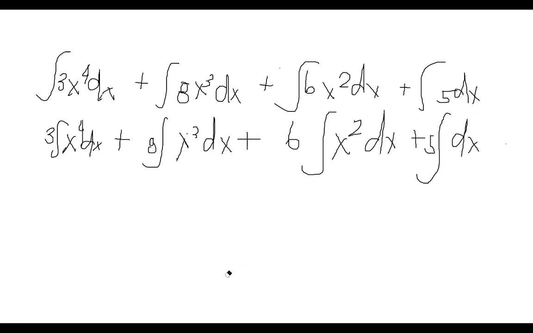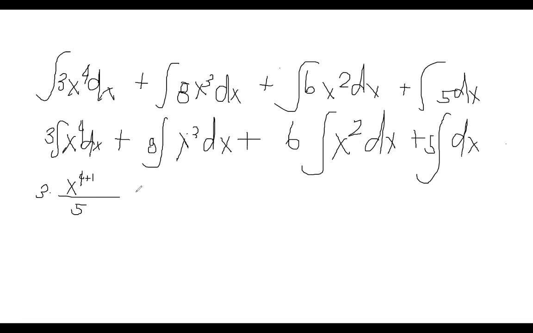So now we have power formulas. We will use power formulas because what remains are mostly exponents in the terms. So we have x to the power of 4 plus 1 over 4 plus 1, which is 5, times 3.